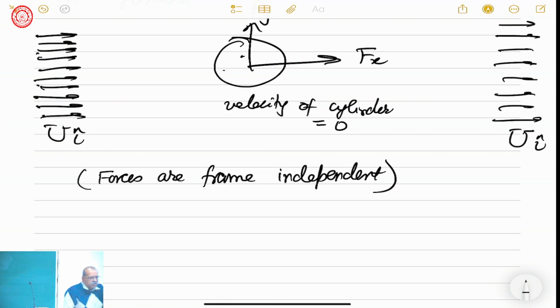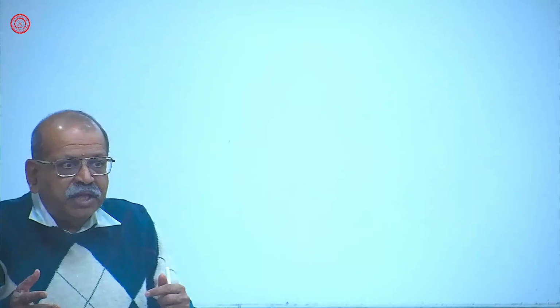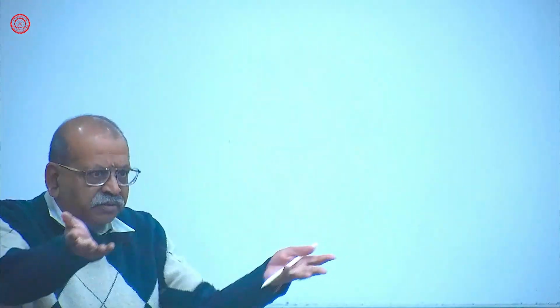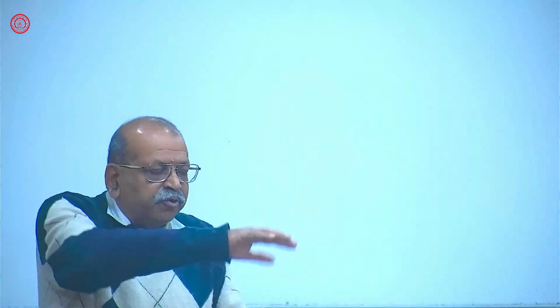So I was talking of this car example. I want to find the force the air is exerting on the car. One way of doing that is I take the car, move it with a speed in still air and measure forces at different points, integrate them.